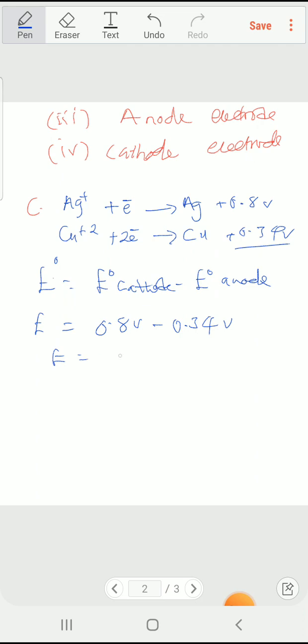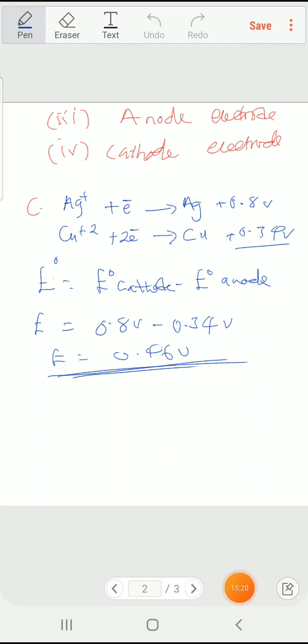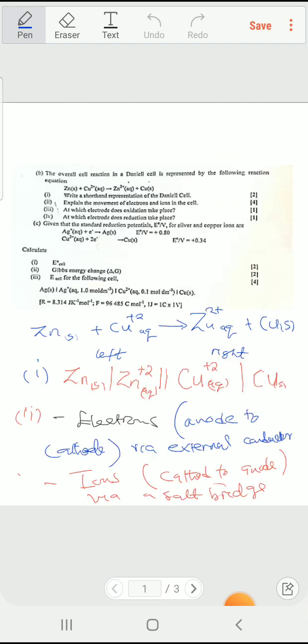So it will be 0.8 minus 0.34, which is 0.46 volts. So that is the E cell that we wanted to calculate. Don't forget this is the standard E cell. So we've calculated that. Now let's go to the next question.